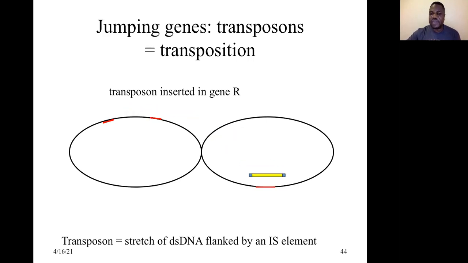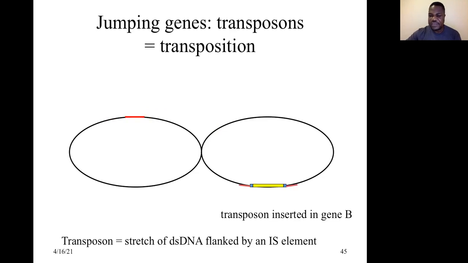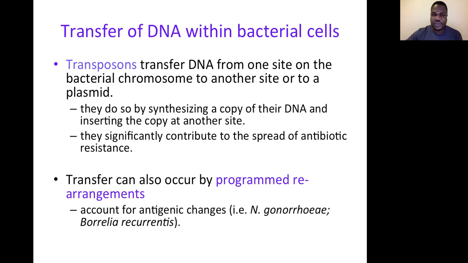The transposon can move, it jumps, from gene R to a different gene, gene B. It integrates now in gene B and causes a new genetic makeup. So transfer of DNA is happening within the bacterial cell.